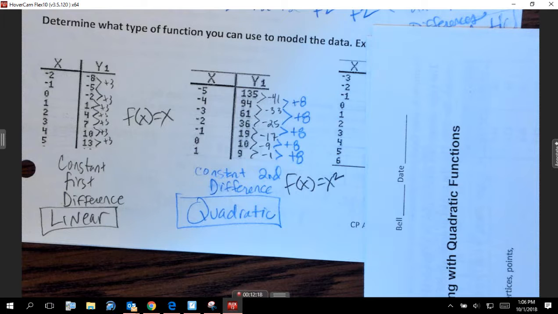Now you have to do it again. You go up here. Do negative 33 minus, I don't know what that is. 41.